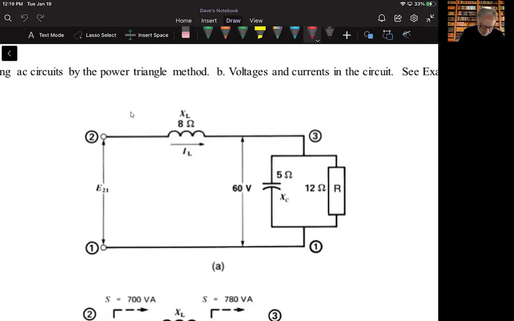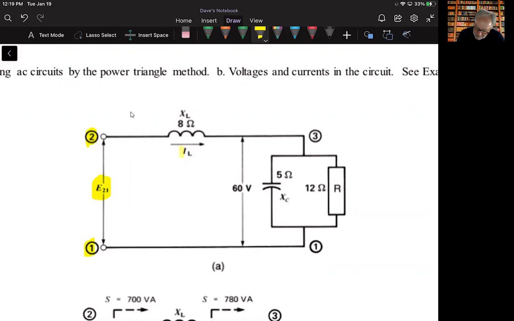This is our figure 7.17A. What we're looking at there is we're given this voltage, and this double subscript notation, E21. So what is the voltage between the designation of 2 and 1? That's one thing.